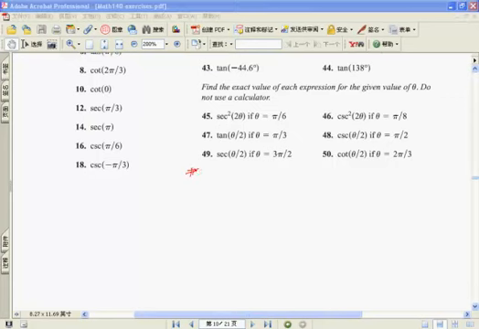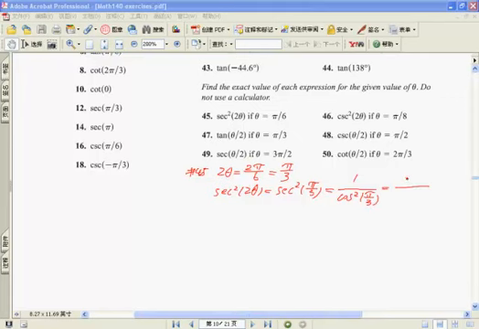So for 45, we have 2 theta equal to 2 pi over 6, so that is pi over 3. So secant squared of 2 theta is equal to secant squared of pi over 3, and this is equal to 1 over cosine squared of pi over 3.